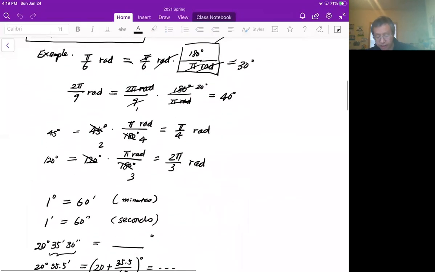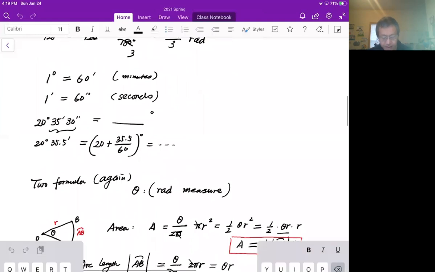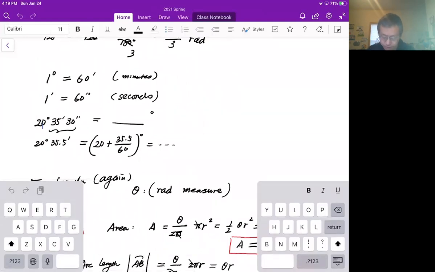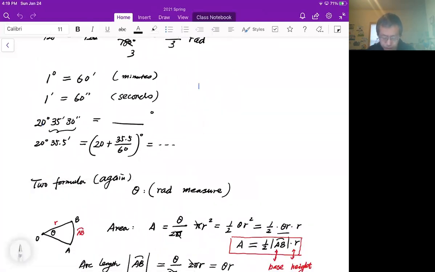That's easy, so I leave the work to you. Just multiply by a conversion factor, so that you can change from radians measure to the degree measure and vice versa. And then another one is, if you go to the degree, and you want the angle to be really, really small, to be very precise, then 1 degree is equal to 60 minutes, and 1 minute is equal to 60 seconds.